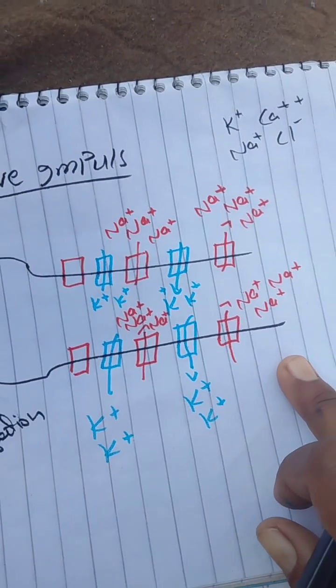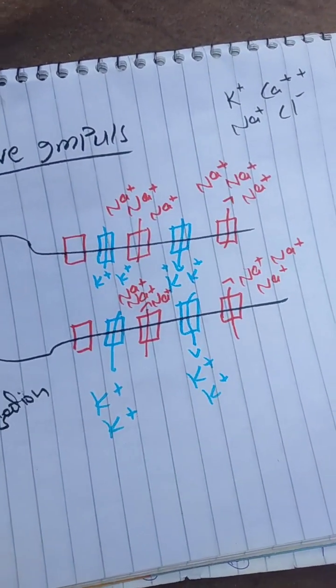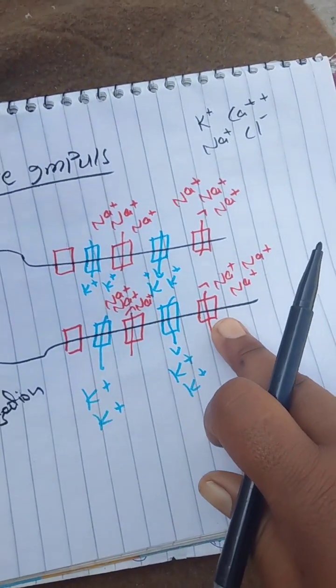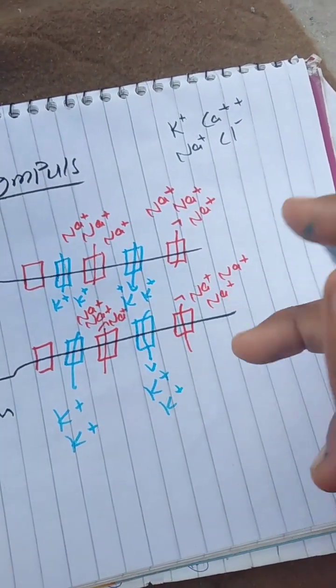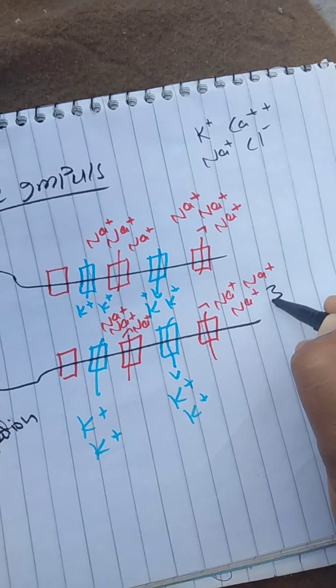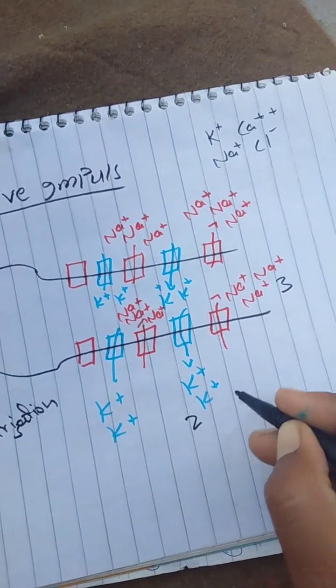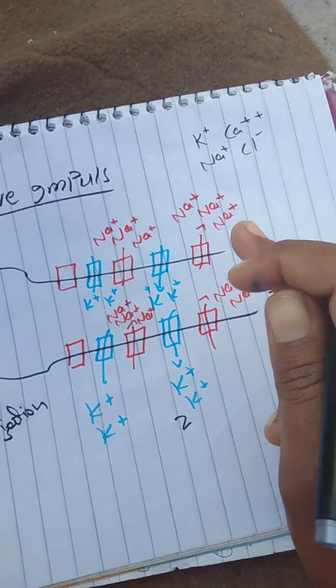So when the nerve cell becomes active, the sodium gate opens again and sodium enters into the nerve cells. 3 sodium enter in and 2 potassium go out, like here.